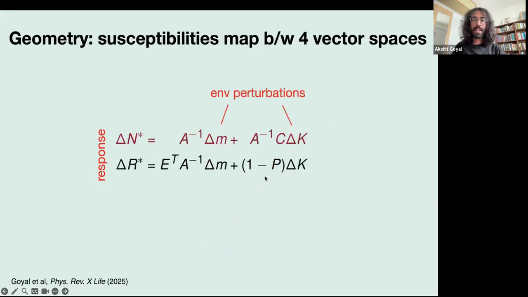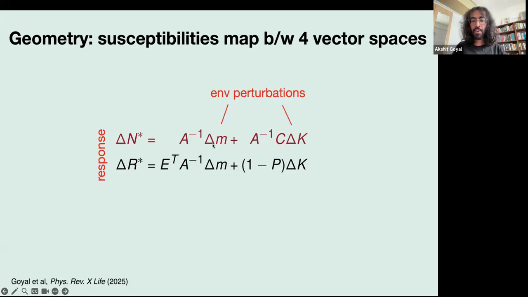And so really, if you stare at these equations for a while, what you'll realize is that not only does this solve our problem, in that it tells us how to predict responses in this MacArthur consumer resource model, it also has a very interesting mathematical and in fact geometric structure. The key idea here is that there are four quantities. There are, of course, species abundances and resource abundances that live in the space of species abundances and resource abundances. But in principle, there are also fluxes or rates.